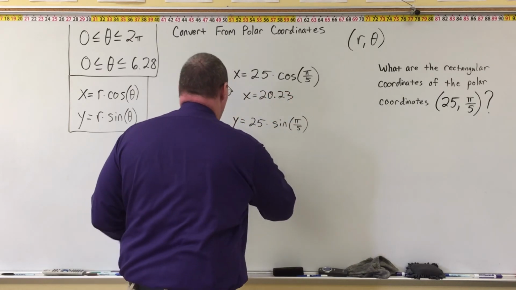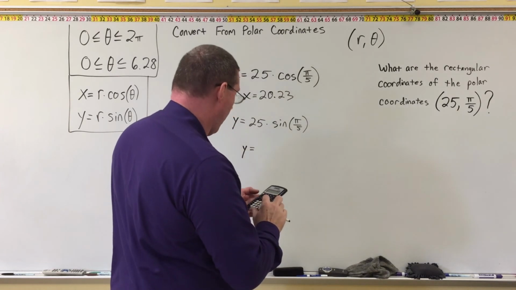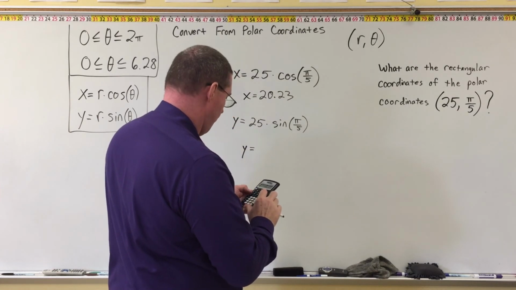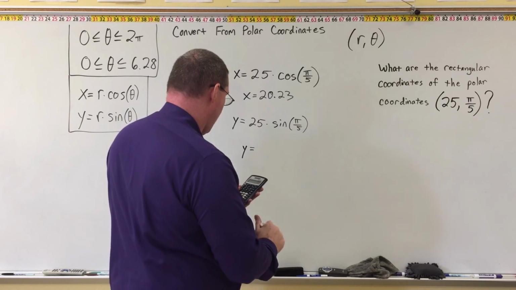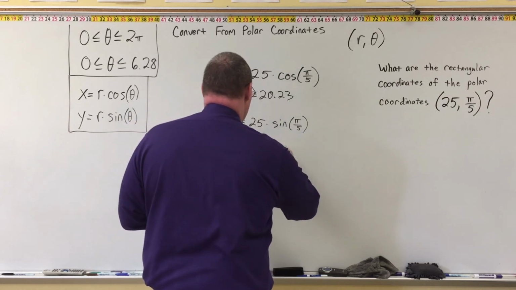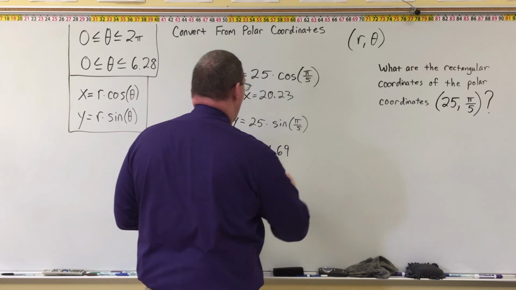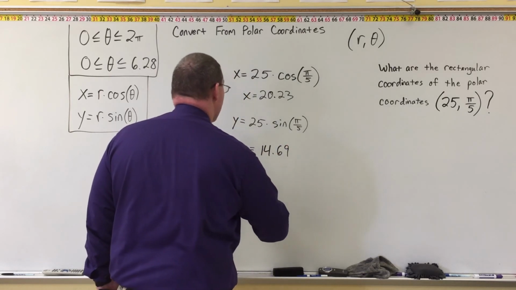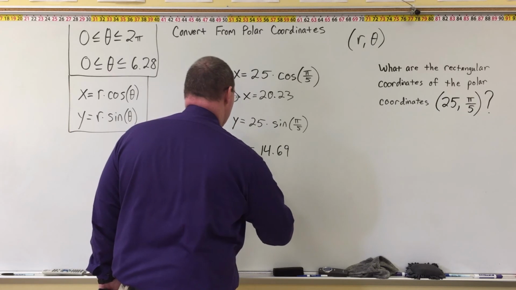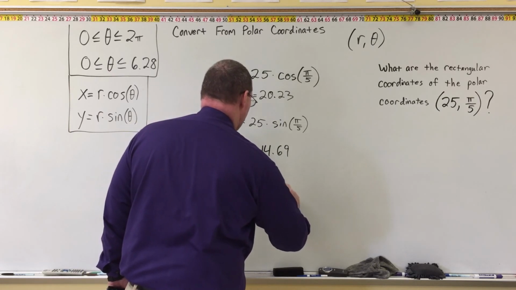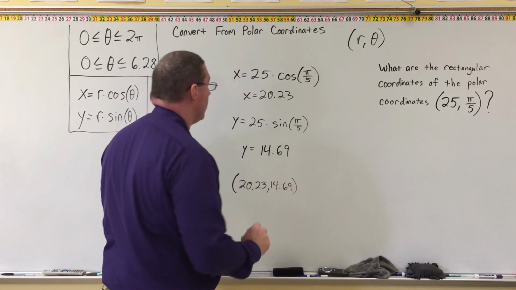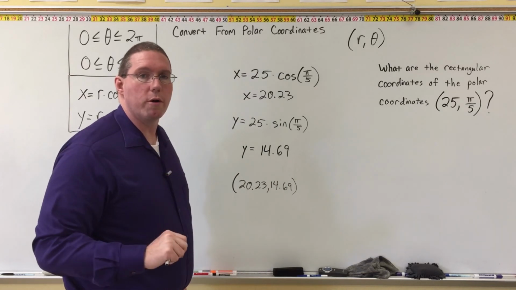And then the y-coordinate is going to be 25 times sine of pi over 5, and that is 14.69. And so our rectangular coordinates are 20.23, comma, 14.69. Okay?